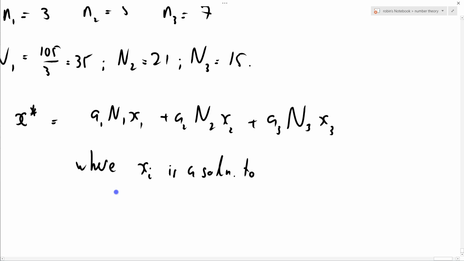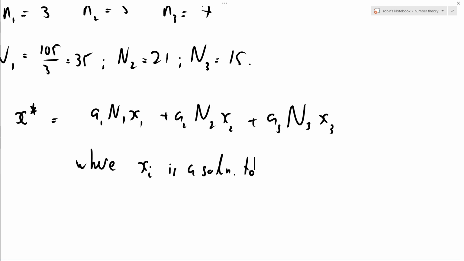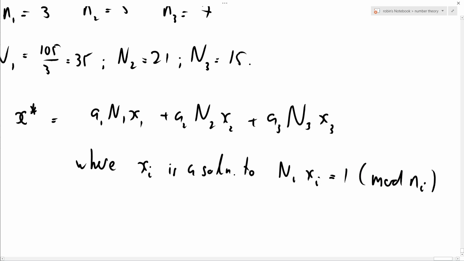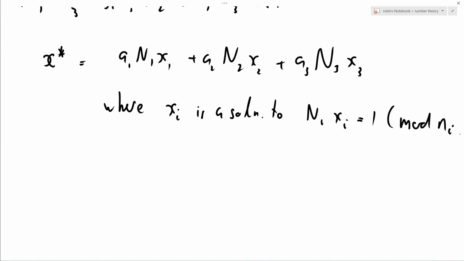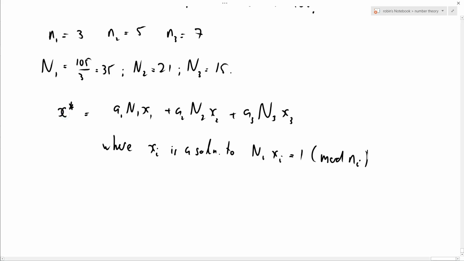And xi is a solution to Ni xi equals 1 modulo ni. Okay, so in this case we just have to figure out what they are. So the equation for x1 is 35x1 equals 1 modulo 3, because it's just this equation here for the first one.